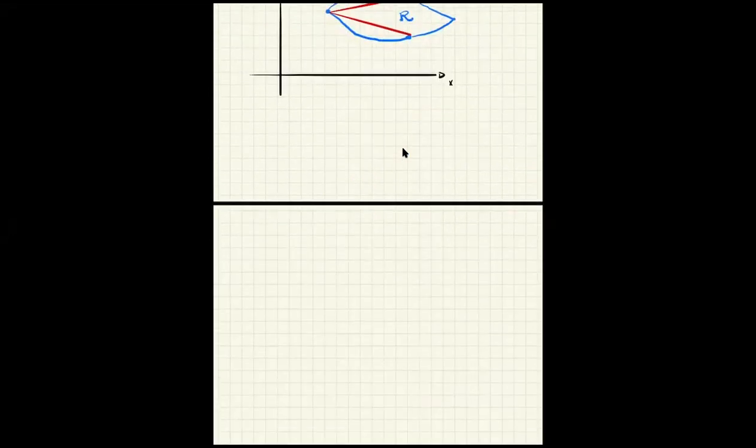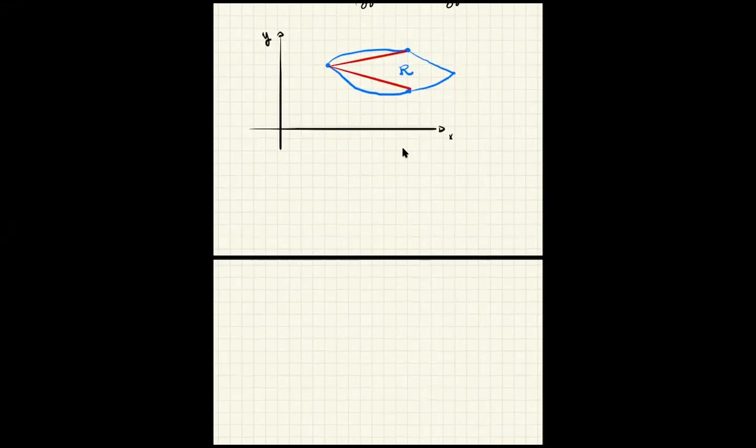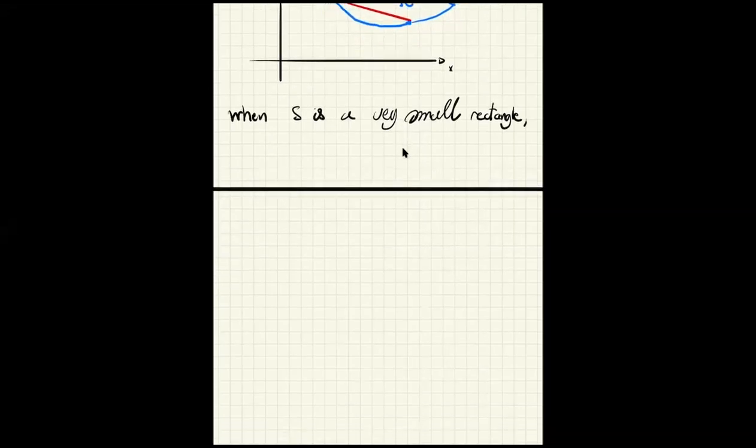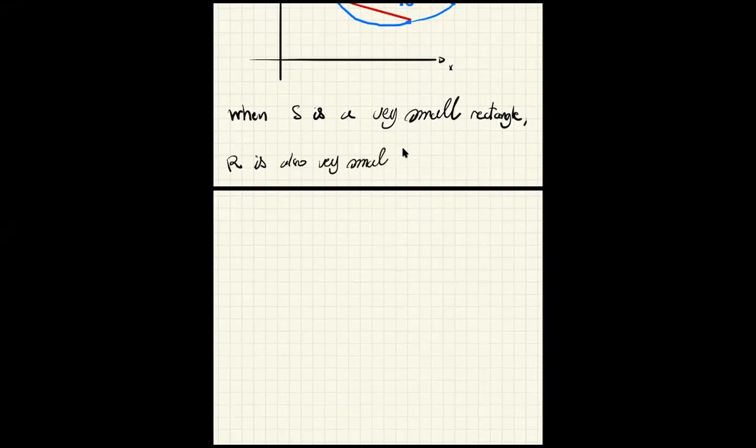So because these transformations are continuous transformations, when S is a very small rectangle, R is also very small.